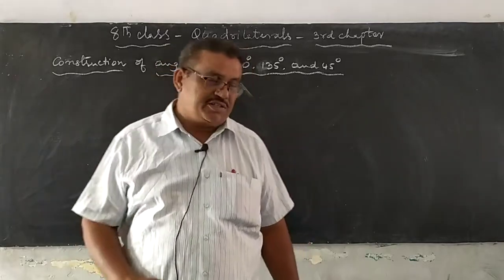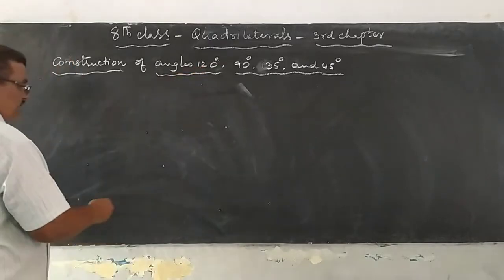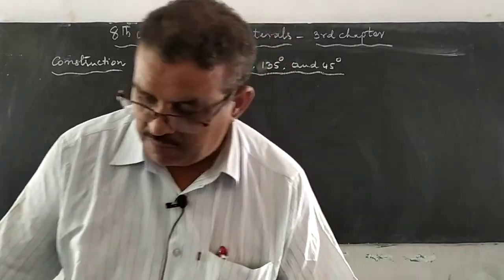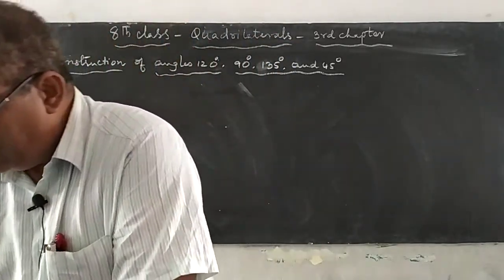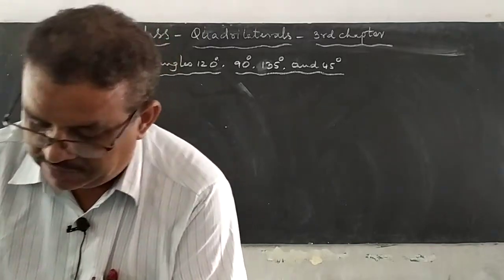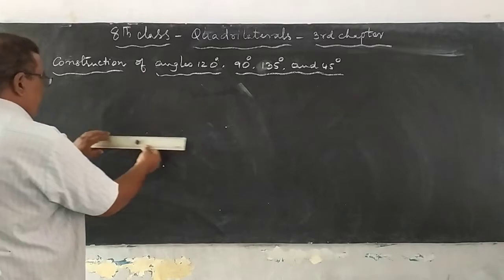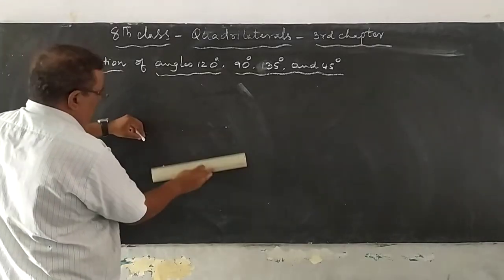Okay children, right. So how do we construct the angle 120 degrees? For this I have to take the compass instruments. Using the instruments only we can construct this, children. First of all, I have to draw a ray.